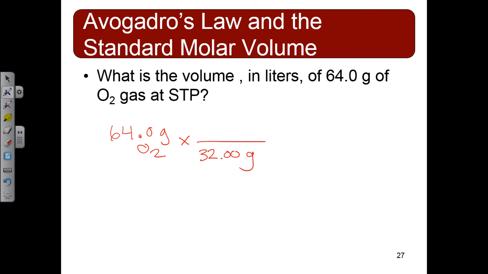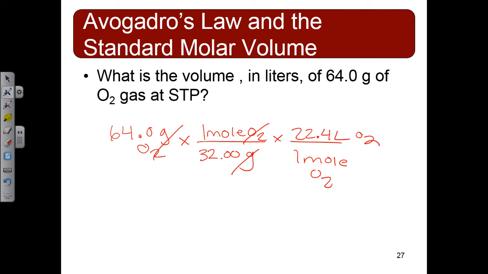O2 is 32 as its molar mass. And 1 mole, there's always 22.4 liters. Very good.